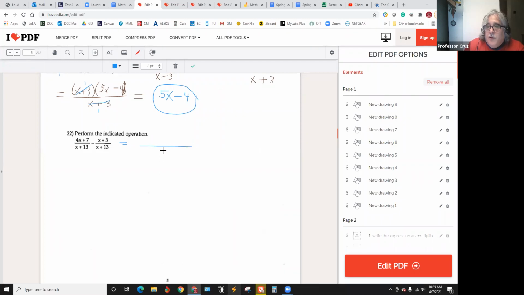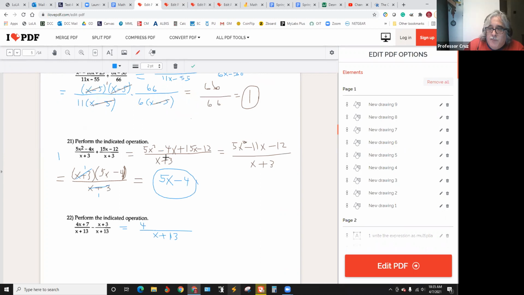So we only need to write it once. Then in the numerator, I put the operation up there with this sign. See, I put the plus up there over that common denominator.